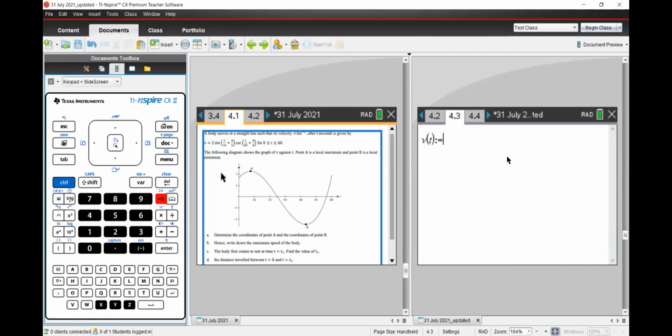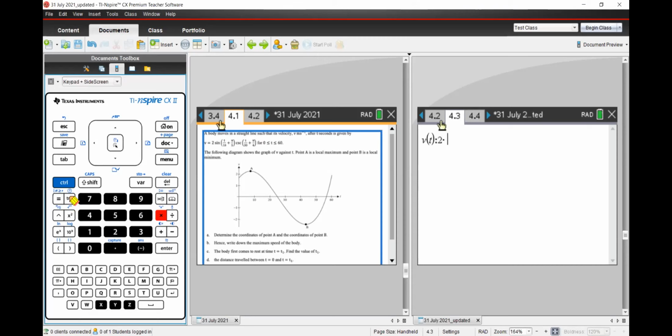So I'll store a velocity function here with respect to time. This is two times sine of t over 10 plus pi over, let me just see in the figure, pi over 5.